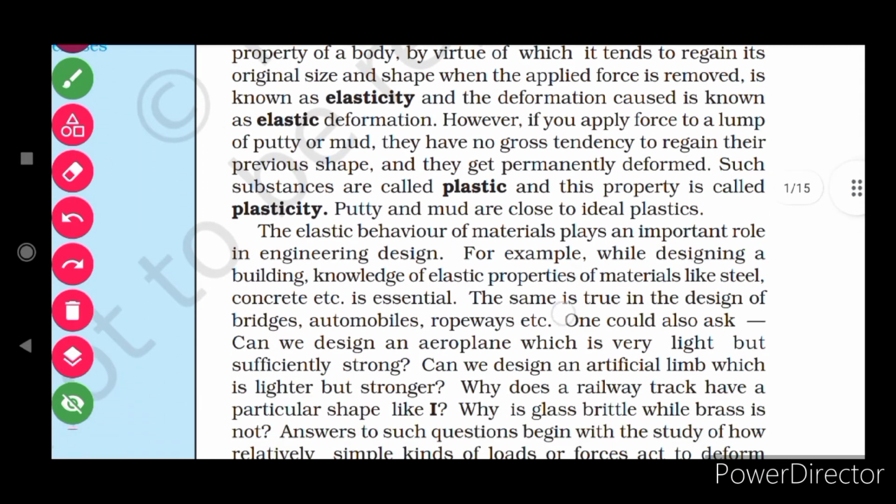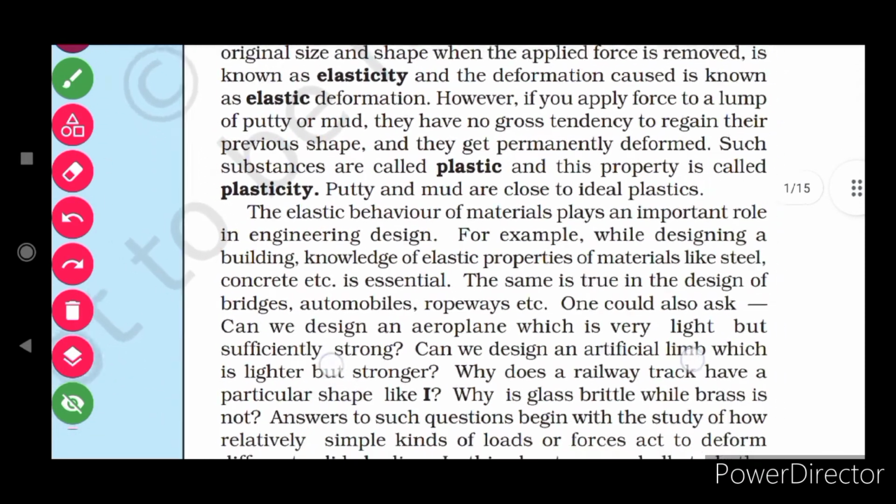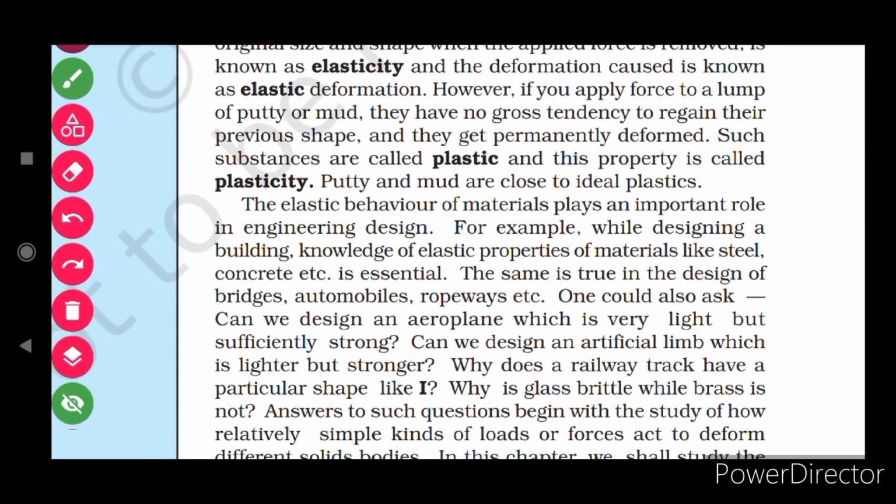Plasticity and elasticity play an important role in engineering design. For designing a building, we don't want the material used in a bridge to be deformed when deforming forces are acting. When traffic is moving over the bridge, we don't want it to get deformed.